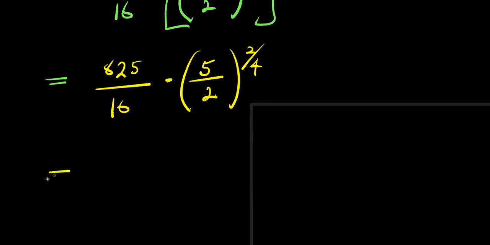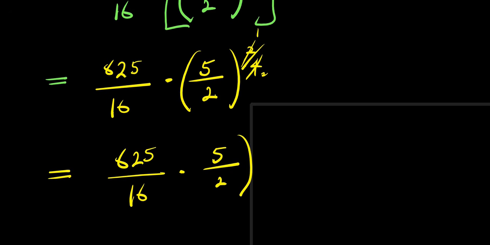So from here, you have 625 divided by 16 times, 2 can cancel itself once into 4, you have 2. You have 5 divided by 2 raised to the power of 1 over 2.